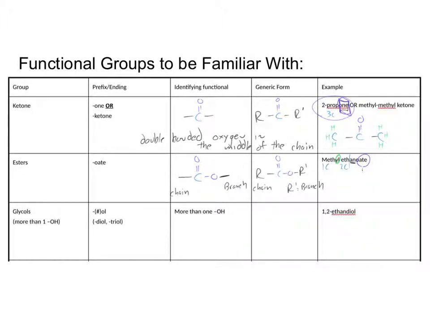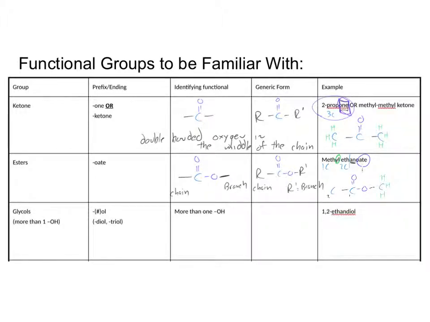So I'm going to start drawing my chain first. I have a 2-carbon long chain, and they are single bonded together. To the number 1 carbon, I'm going to double bond an oxygen and single bond an oxygen. And then to that single bonded oxygen, I am going to bond a branch, which in this case is a methyl branch, which would be this.